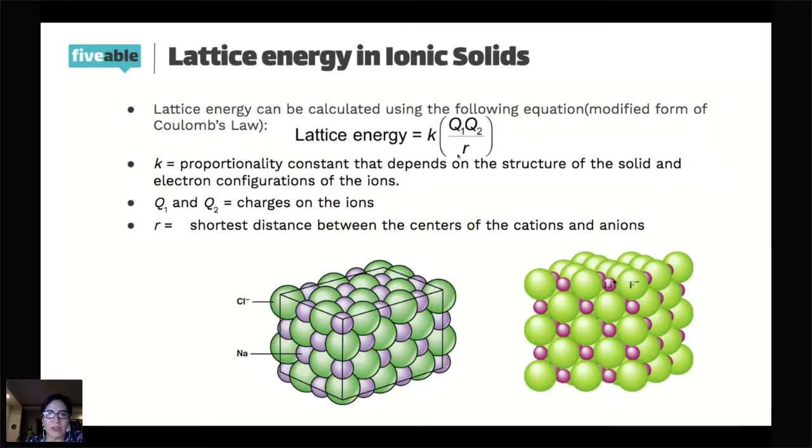So the smaller the radius, the greater the lattice energy, and the greater the charges, the greater the lattice energy. If we follow the same reasoning, sodium and chloride are in the third period of the periodic table. Do you remember in which period the elements lithium and fluorine are located?